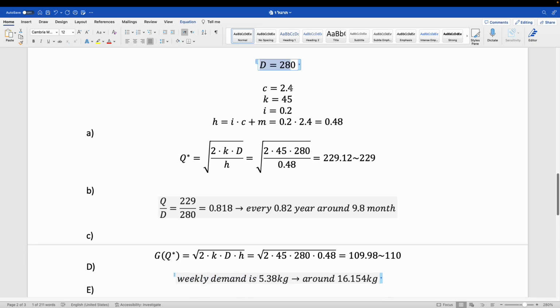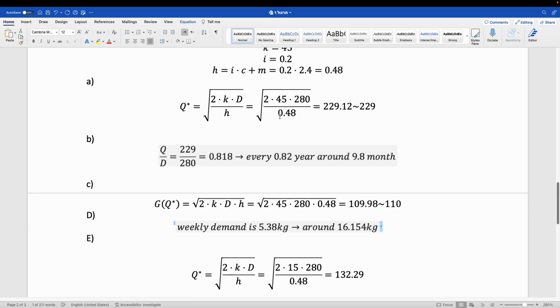Then we multiply that by 3 and we get 16.15. Why do we order at that point? Because this is the point where we have 3 weeks of demand to run through. So we need to order when we have 16.15.